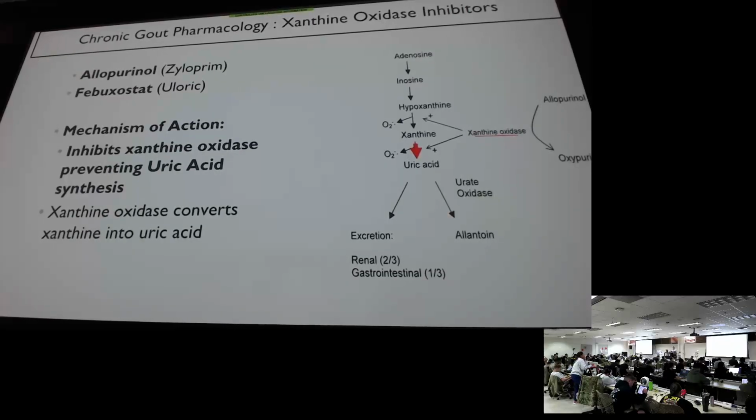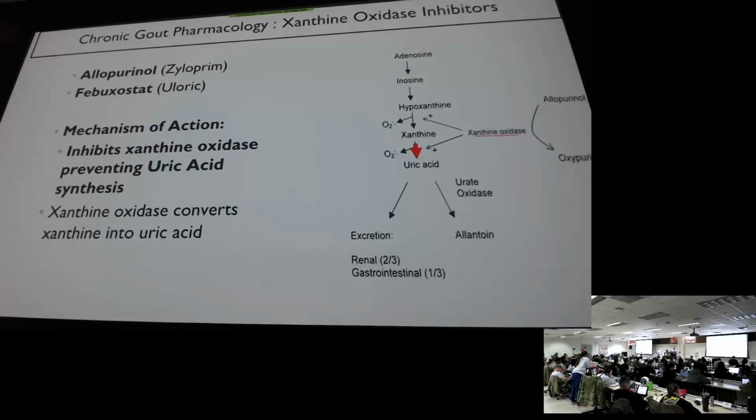So here's the XOIs, allopurinol and febuxostat being the representative class. Allopurinol is your first line. You see xanthine oxidase with the red line under it. Basically, its action is blocking the conversion of xanthine to uric acid, the red arrow. So you're not making uric acid.